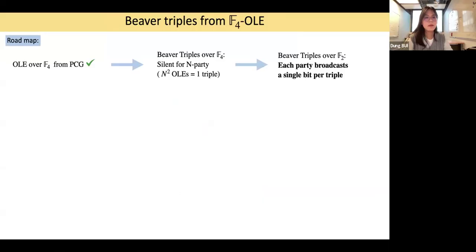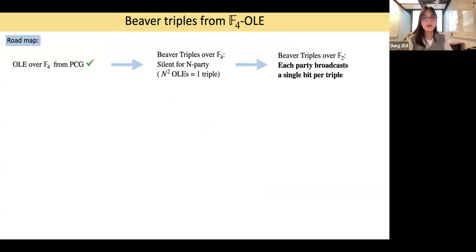So if you have early over F4, then to get the pivot triple over F4, with some basic operations, you silently get the pivot triple for n parties, and with the n square early, you get one triple.